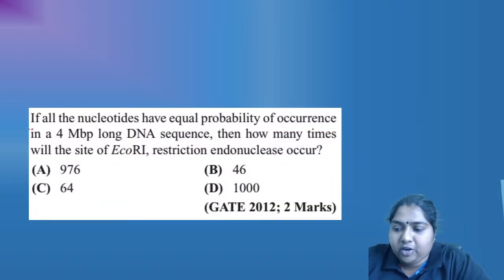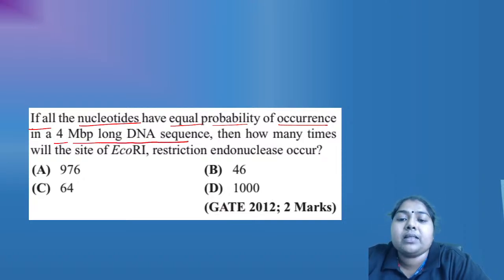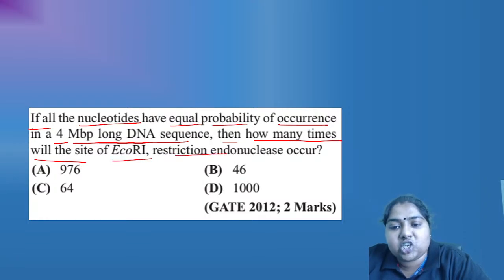So, if the nucleotides have equal probability of occurrence in a 4 megabase pair long DNA sequence, then how many times will the site of EcoR1 restriction endonuclease occur?